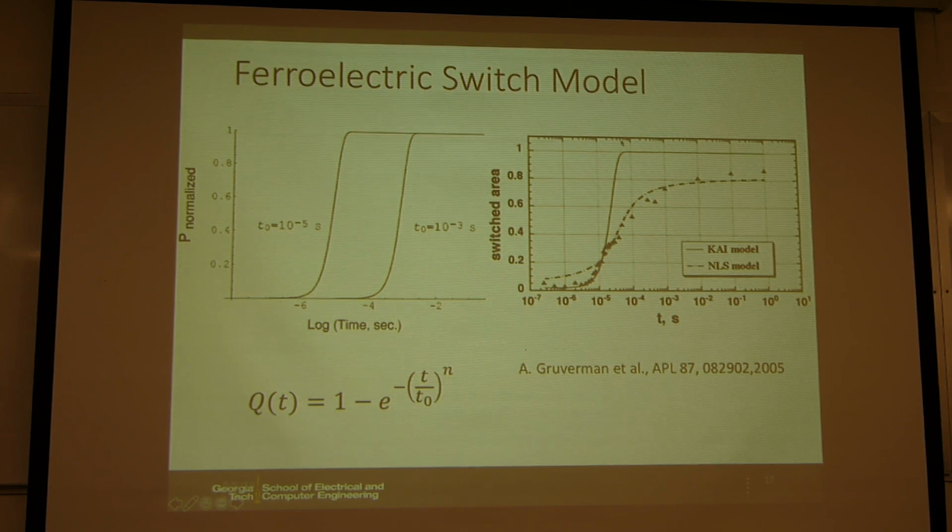After that, it diverges. So there's a problem with this KAI model. This KAI model gives a good description of the switching dynamics for ferroelectric single crystals and some epitaxial thin films, but it has problems when describing these polycrystalline films. So now I'll introduce the other model called the NLS model.